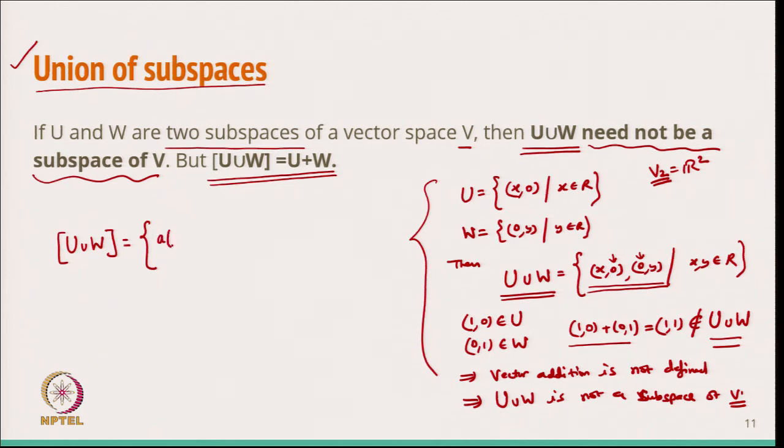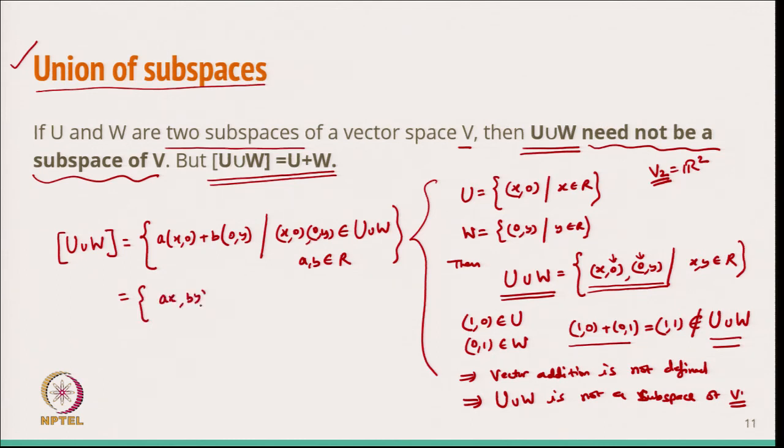So, I write a(x, 0) plus b(0, y), such that (x, 0) and (0, y) belong to U union W, and a, b belong to the real numbers R, that is a field, and this will become (ax, by).